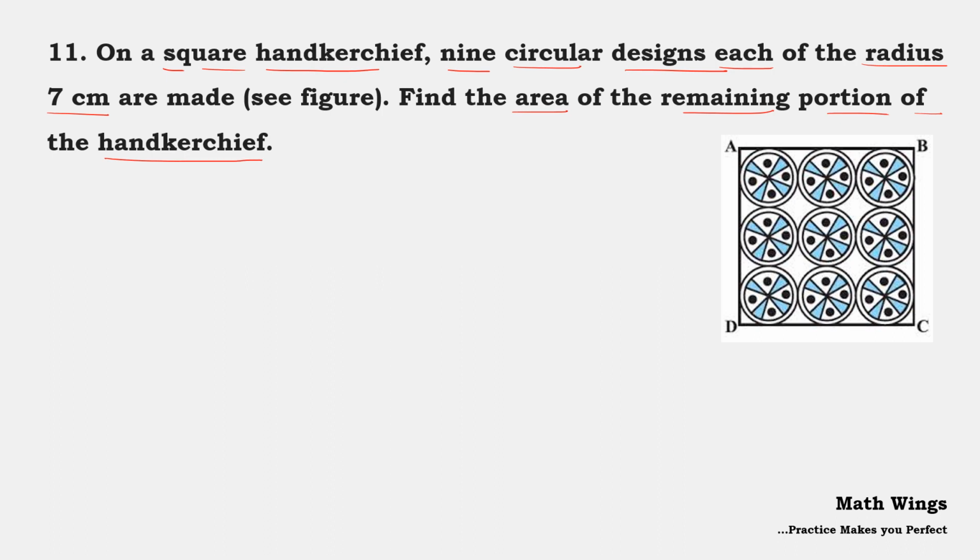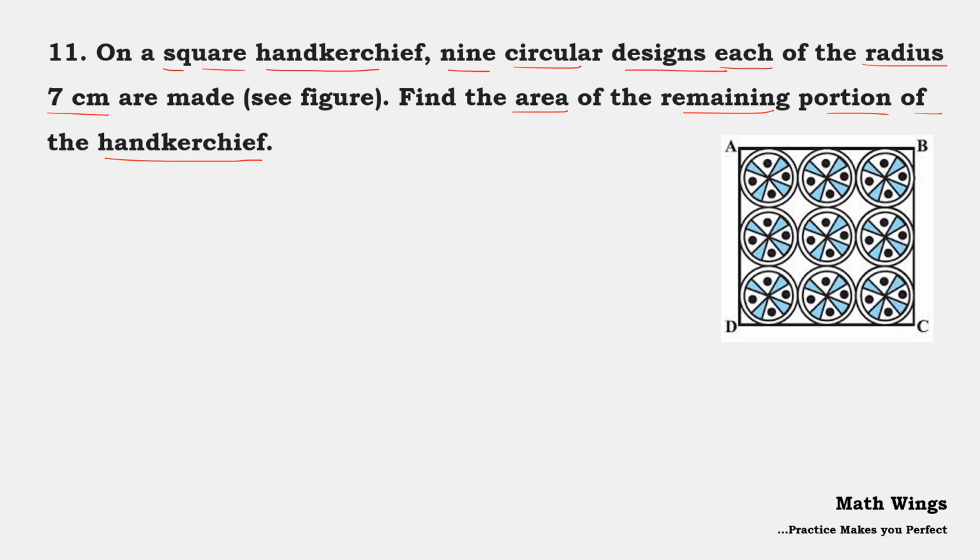This is a very easy one because we have a direct application of the formula here. What is given? They have given the square handkerchief. Also, they have given 9 circular designs, each of radius 7 cm. So we have to find the remaining portion of the handkerchief.